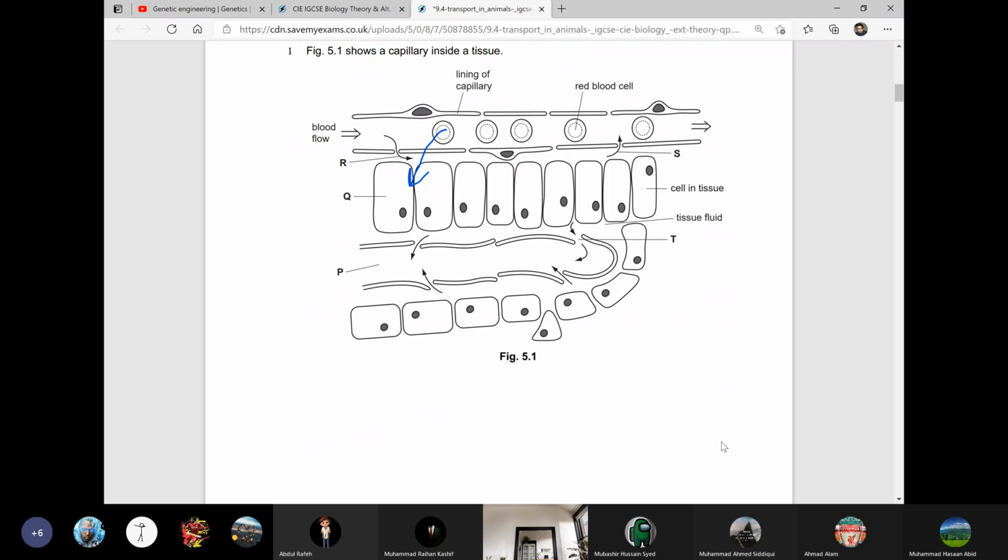Two substances other than oxygen that go from the blood to the tissue fluid, required by the cells. Yes, one you can say hormones. Anything else?